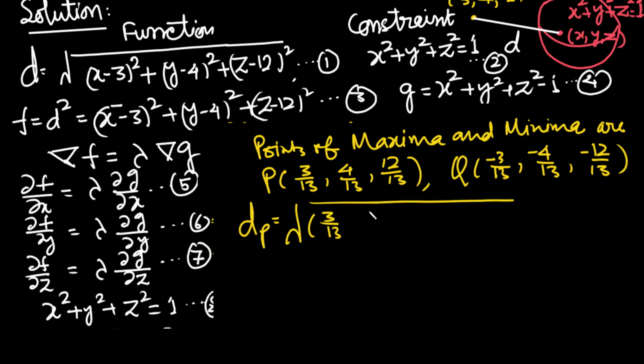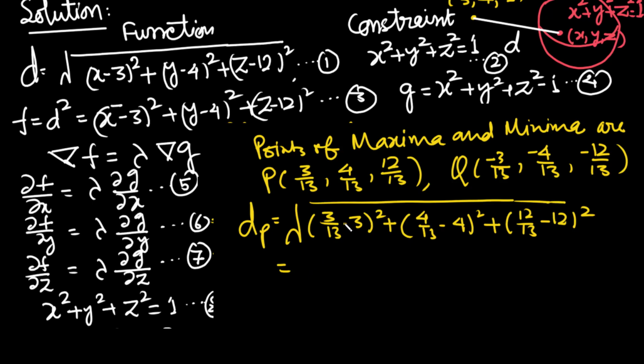This will be the square root of (3/13 minus 3) whole squared plus (4/13 minus 4) whole squared plus (12/13 minus 12) whole squared. Okay, now let us simplify it.